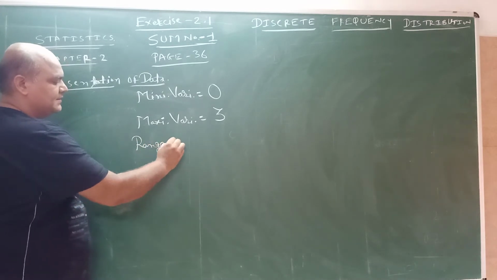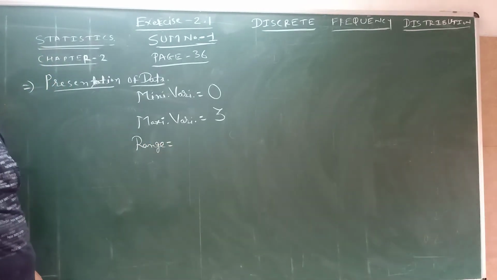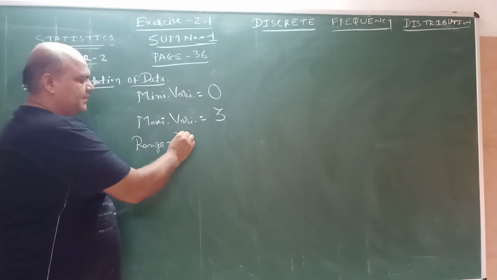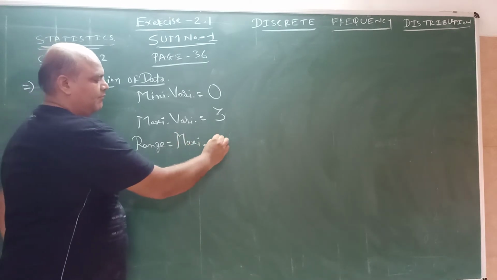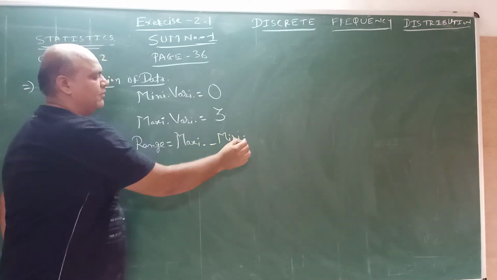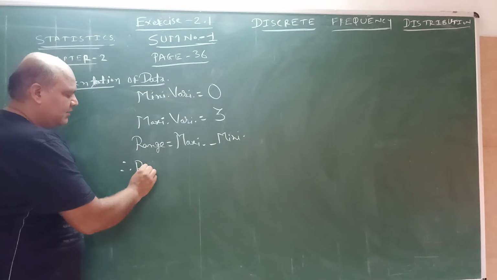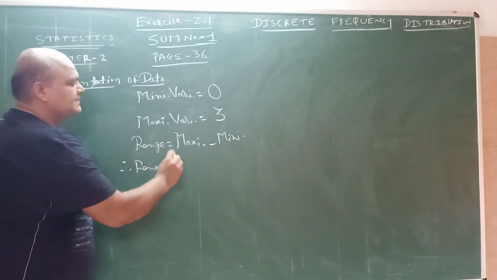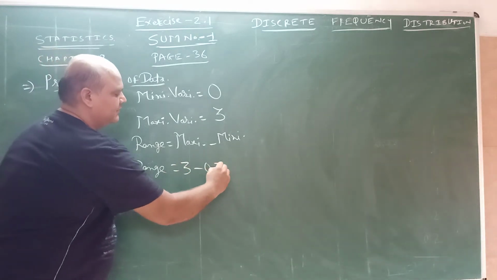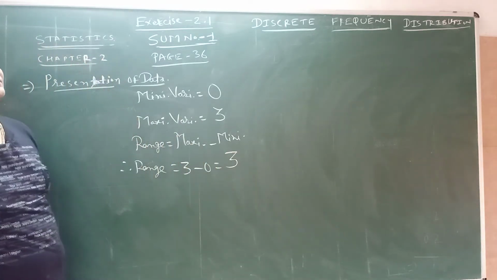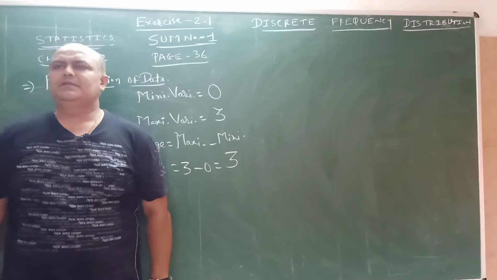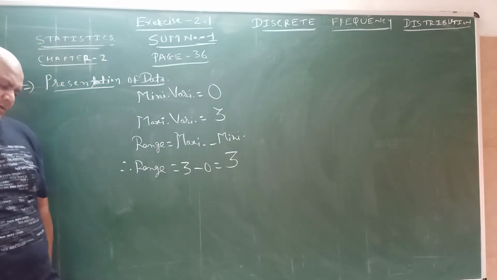Range is maximum minus minimum. Maximum observation or variable minus minimum observation or variable. So our range is 3 minus 0, that is 3. See, the range is only 3.